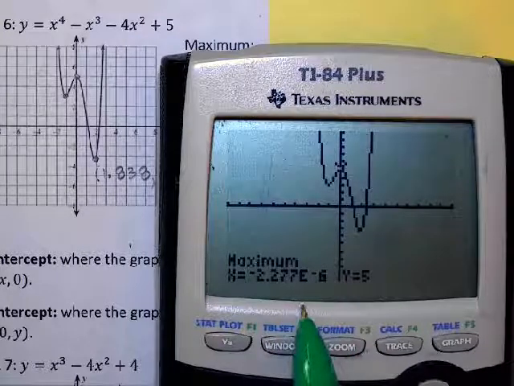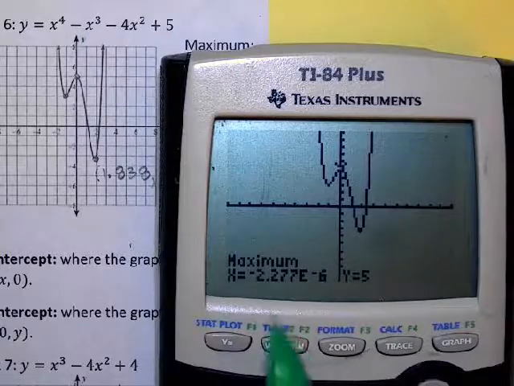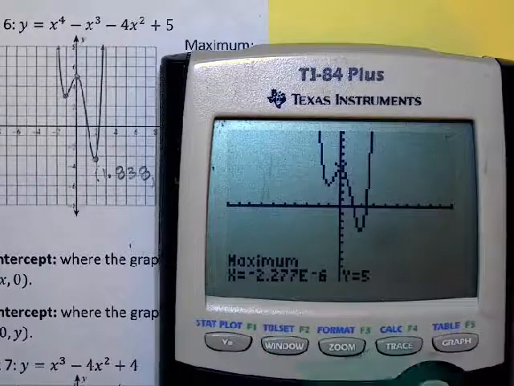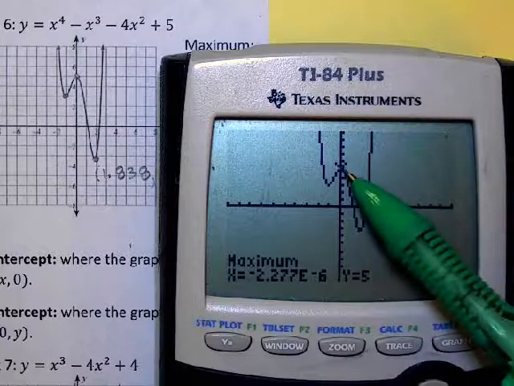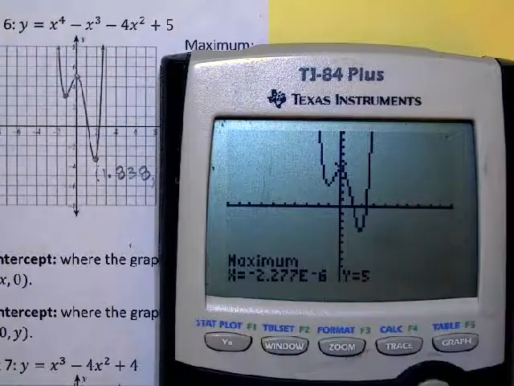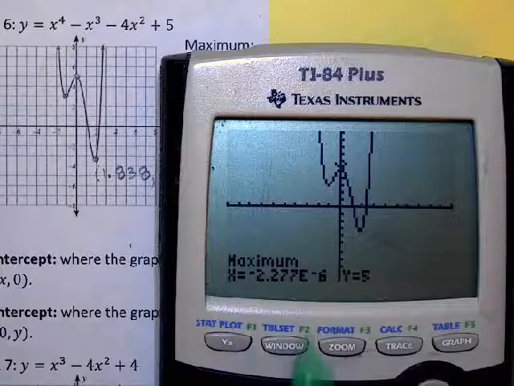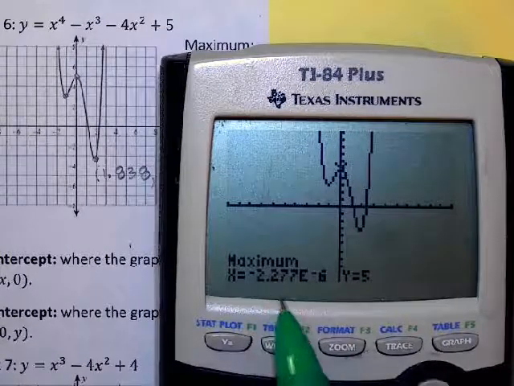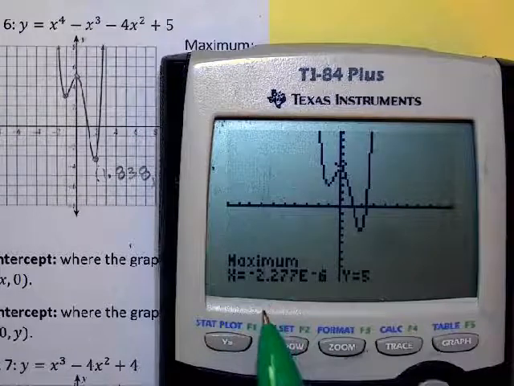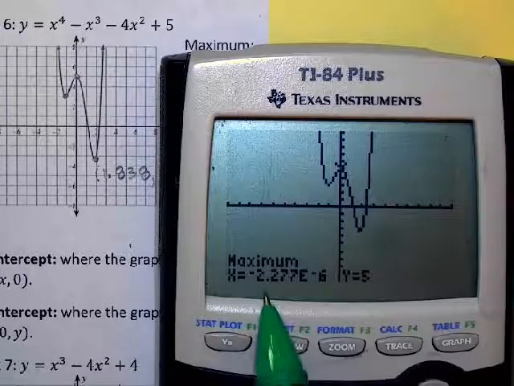Now, when I looked at this, I figured the x-coordinate would be 0. I figured that maximum was on the y-axis, that the x value was between -1 and +1, so at 0 is what I expected. So you have to be careful when you look for these, that you're not just mindlessly writing this down, because this is a problem.